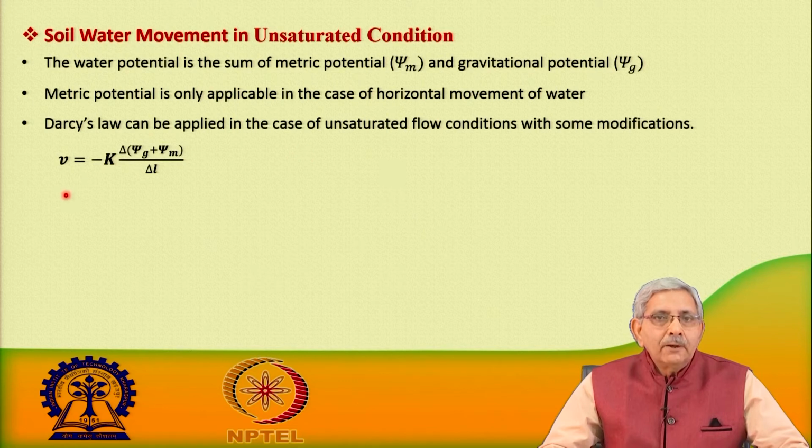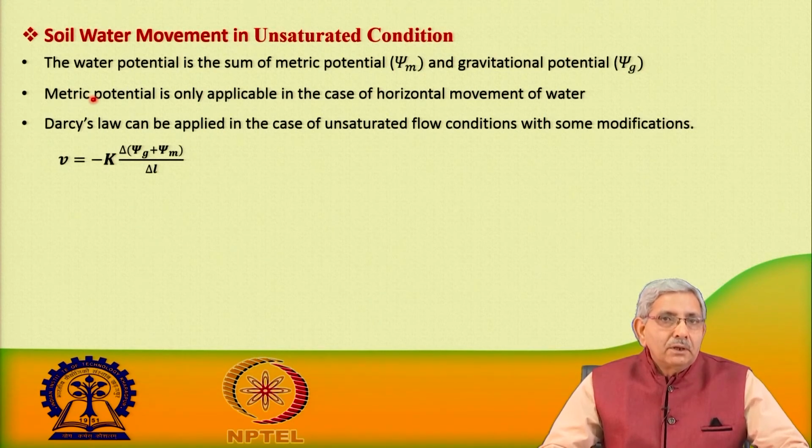So, Darcy's law is applied when we are using the matric potential, in the case of horizontal flow we are considering. Here it is applied for unsaturated flow with some modification.